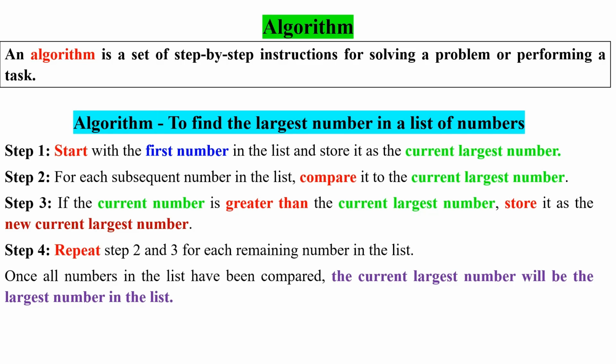Step 4. Repeat steps 2 and 3 for each remaining number in the list. Once all numbers in the list have been compared, the current largest number will be the largest number in the list. This algorithm can be implemented in any programming language, such as Python, Java, or C++.